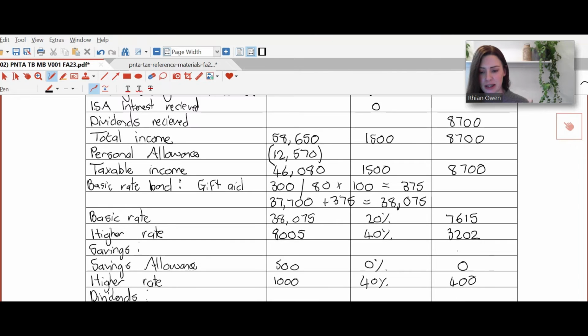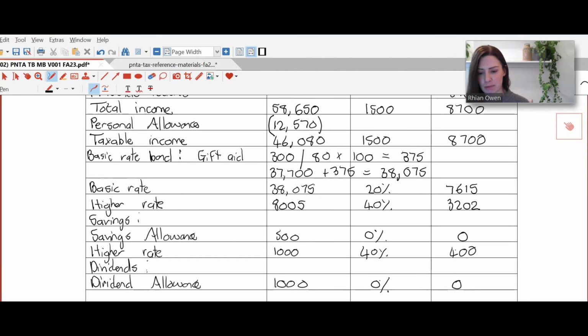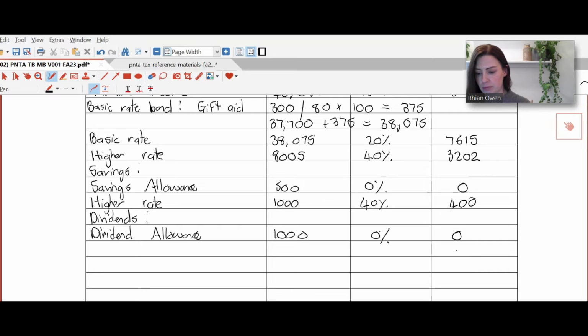So remember our dividends were 8,700. So the remaining 7,700 will be taxed at the higher dividends rate, which is 33.75%, giving £2,599.